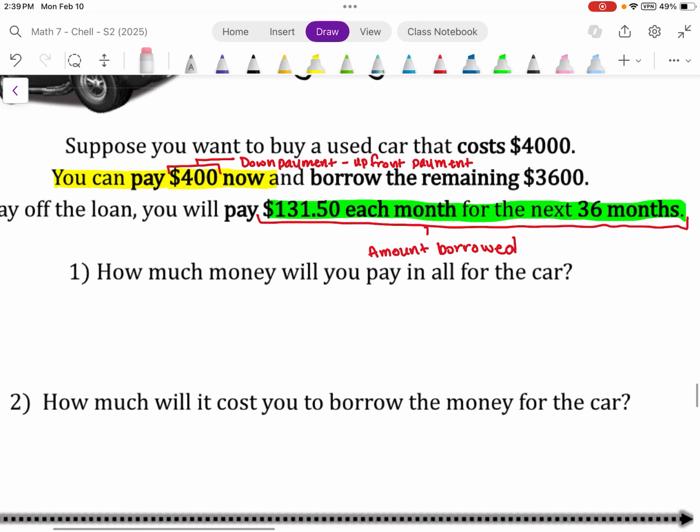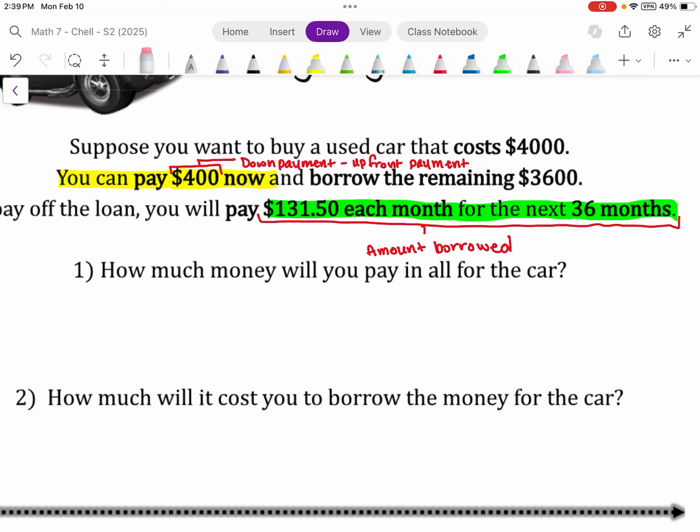So, how can we put that into an equation? We know that we're paying upfront $400. We know the bank gave us a plan or a loan where we have to pay $131.50 for 36 months.